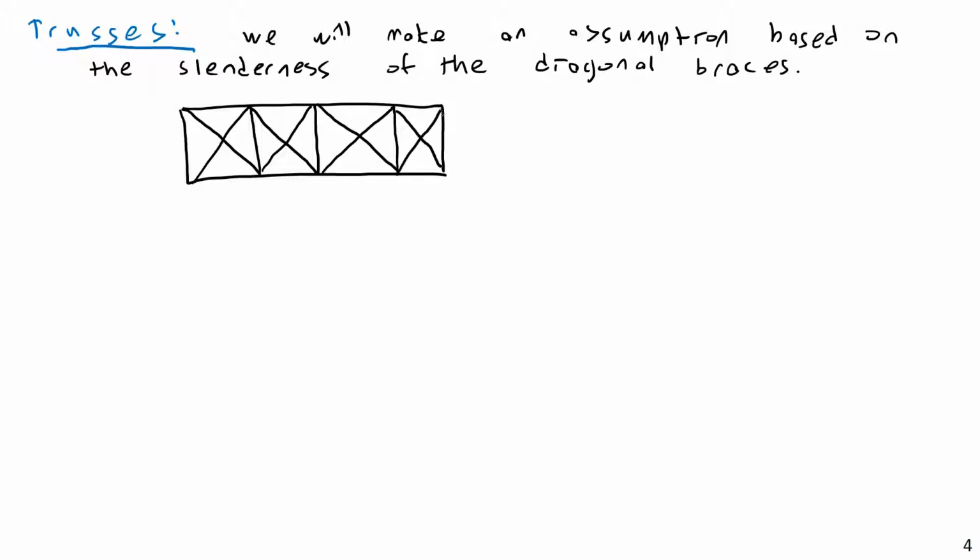So when I say slenderness, consider this. There are different ways you can make these braces, depending on what they are. An example of a slender brace would be something like a very light hollow tube section, maybe a hollow circular tube section, or a hollow square tube section, a very, very light one. Or most commonly, the one I see most often, would be a very light L angle.